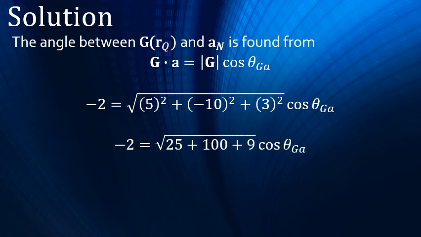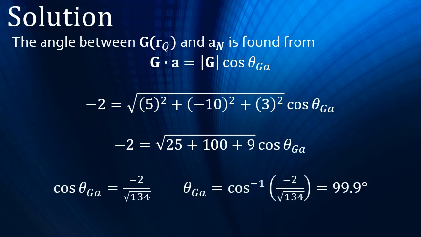Then, simplify, we have negative 2 over square root of 25 plus 100 plus 9. Simplifying further, yung itong may square root magiging square root ng 134, and dahil kailangan ko ng angle, di-divide ko siya. Yan, isolate ko, then arc cosine or inverse cosine na lang para makuha yung angle na 99.9 degrees.